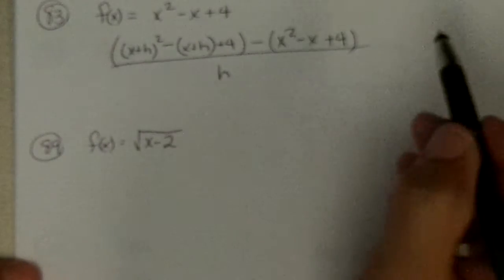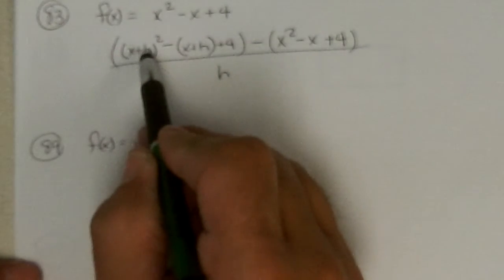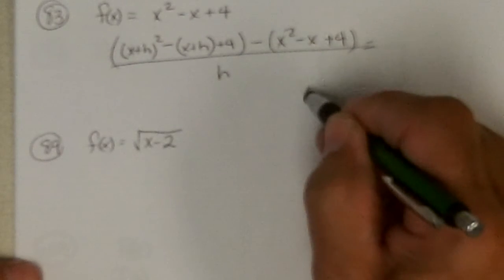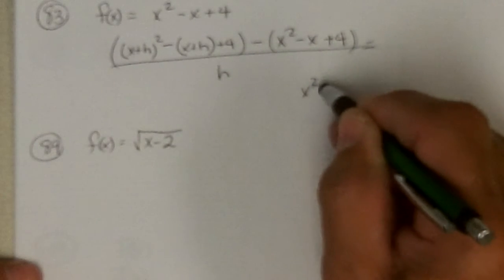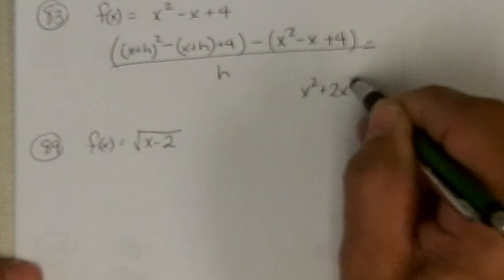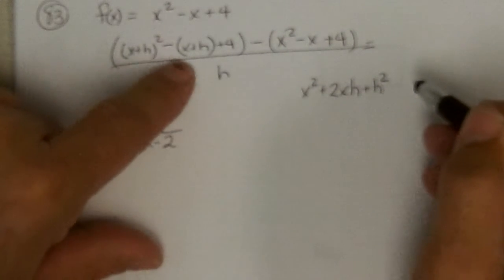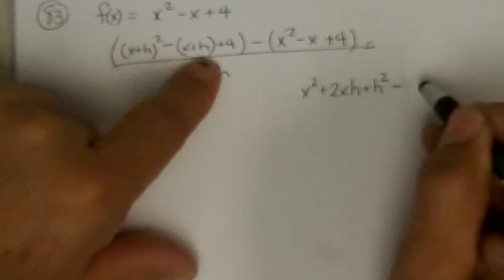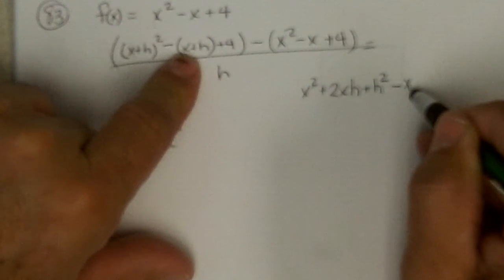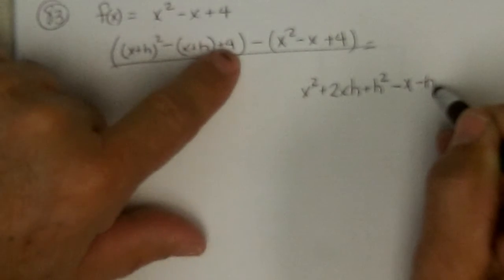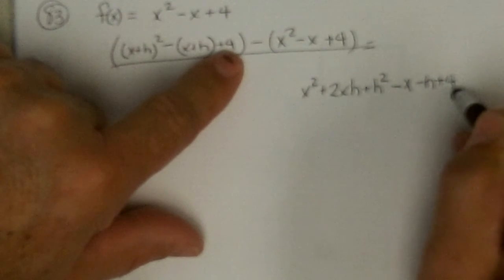And then if we do the arithmetic, x plus h times x plus h is x squared plus 2xh plus h squared. That's that. Minus this quantity, so that's minus x minus h, and that's not minus the 4 but plus 4.